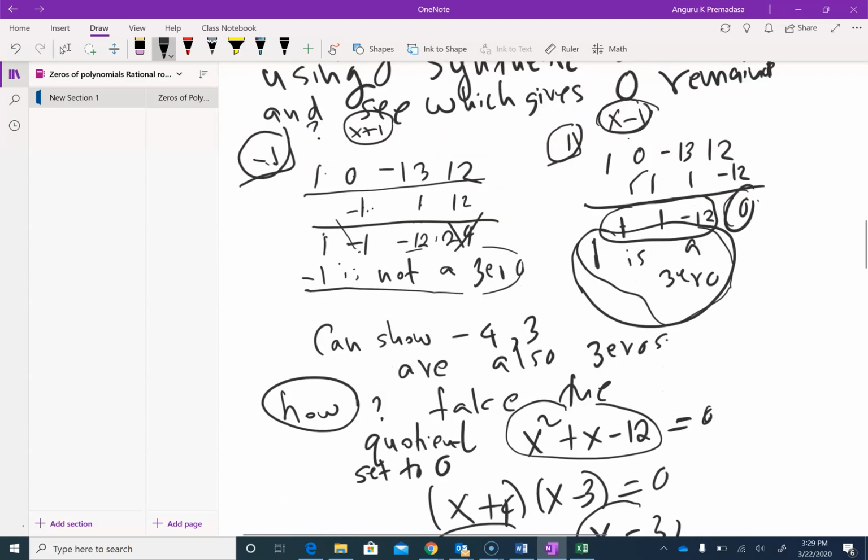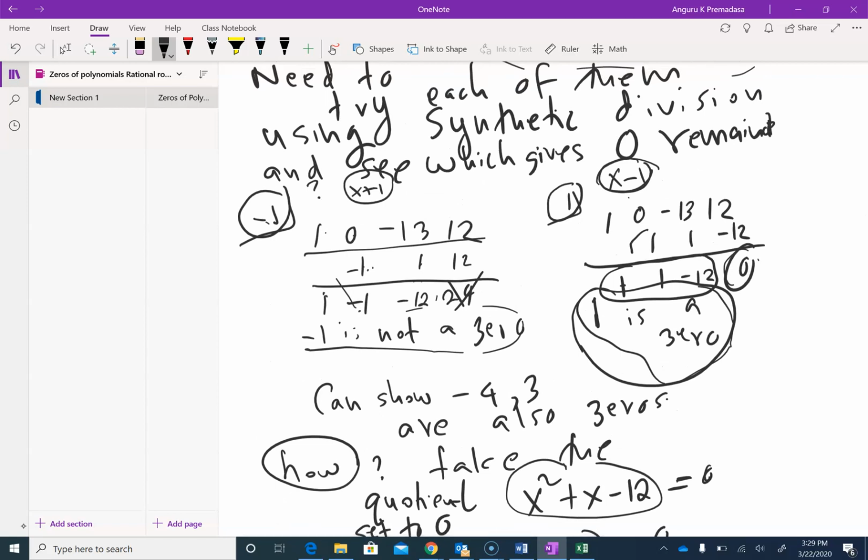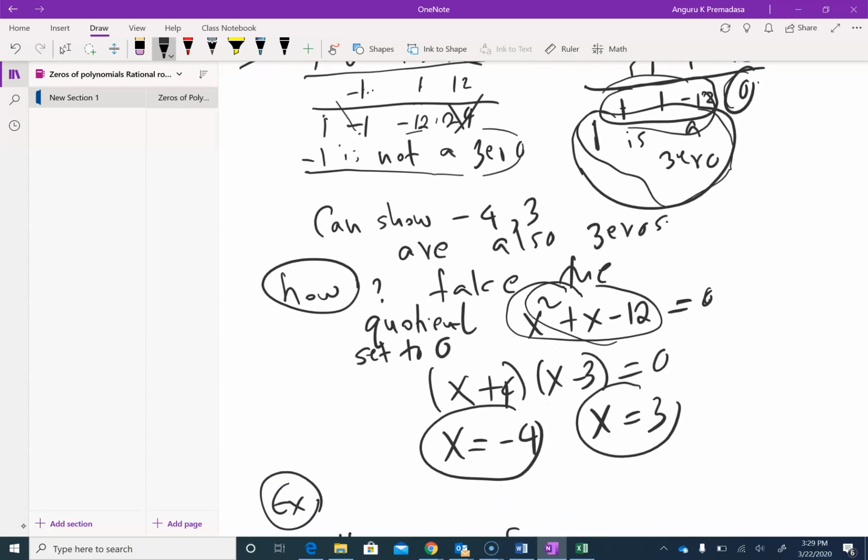The point is this: if x minus 1 is one of the factors, the other factors must be in the quotient. That's why we take the quotient and set it equal to 0. We get x plus 4 and x minus 3 equals 0, so x equals negative 4 and x equals 3.